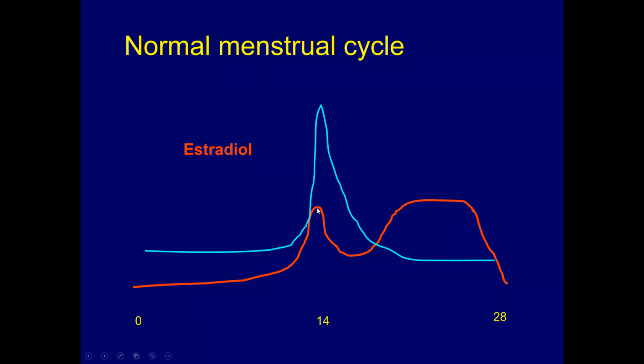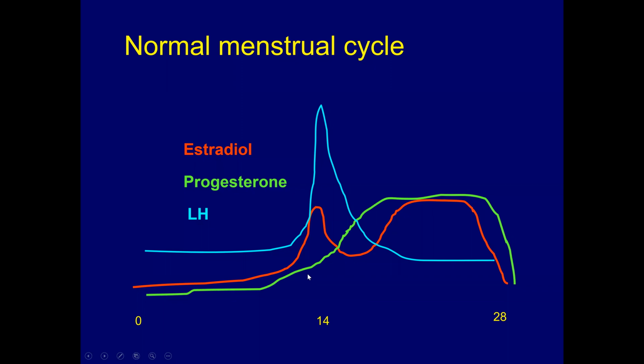Around the mid-cycle, that's the highest estrogen level. And then you start seeing the LH surge, where the progesterone starts to go up in the second part of the cycle. So the LH surge led to an increase of progesterone in green.